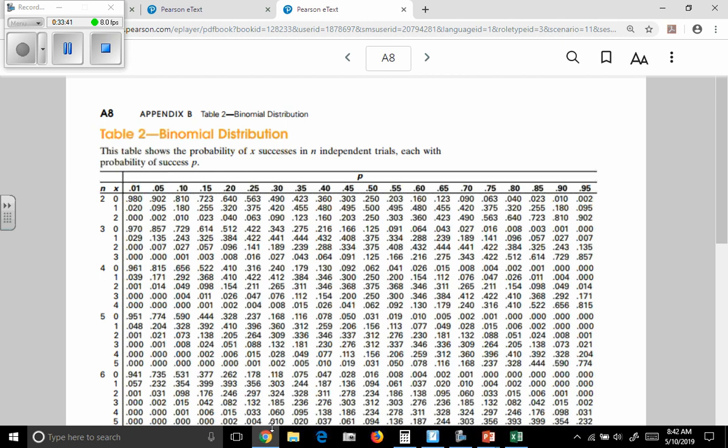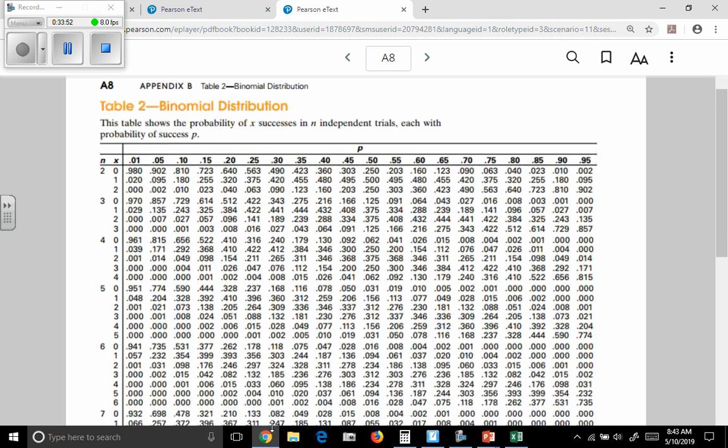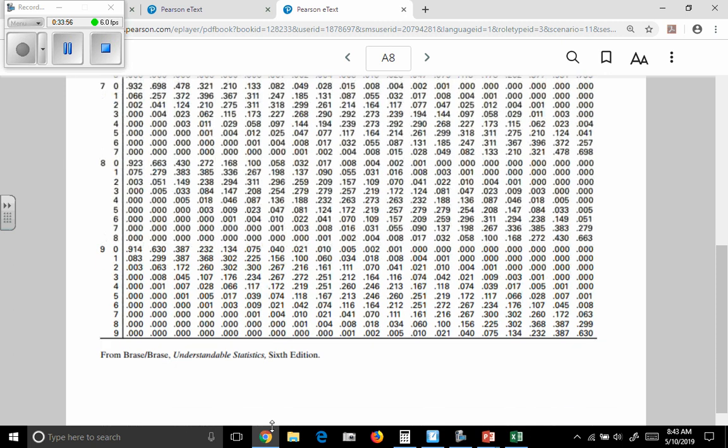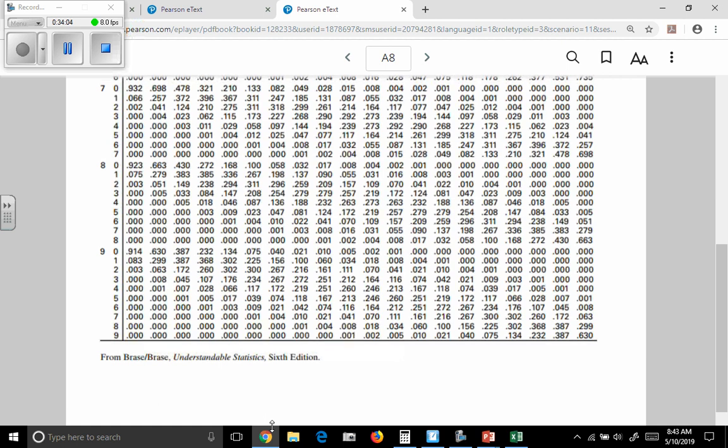Notice on the left side we have 2 columns. We have a column for n. This is how many trials we have, and then we have a column for x's. So we don't have the p-value for our experiment in this table. But if we did, we would come down to where we see n equals 9.